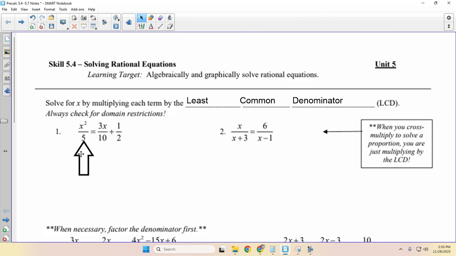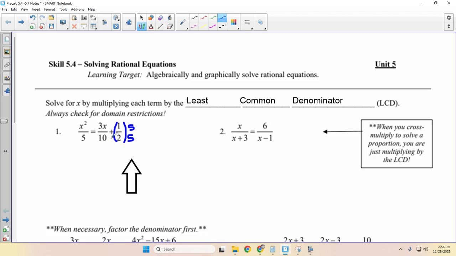Okay, so let's take a peek at this one. We have denominators of 5, 10, and 2. What number do they all go into? They all go into 10. 10 goes into 10 one time, 2 goes into 10 five times, and 5 goes into 10 twice. So if we want common denominators, we can get everything in terms of 10.